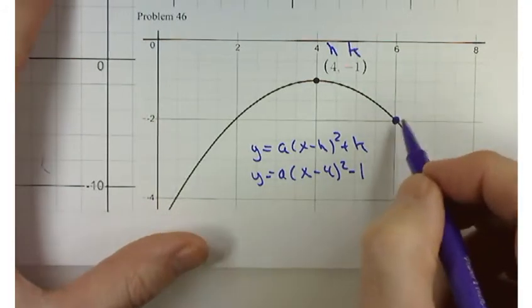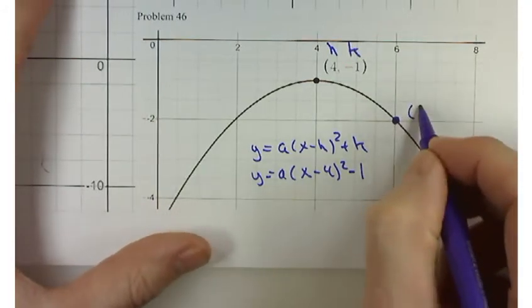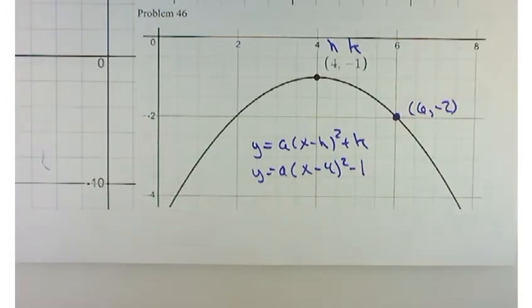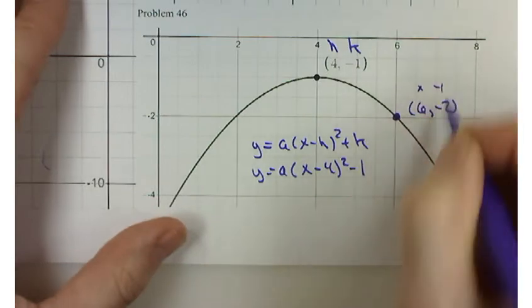What are the coordinates of this point? 6, negative 2. So to find the value of a, what could we do? Yeah, plug them in for x and y. So this is x and this is y.